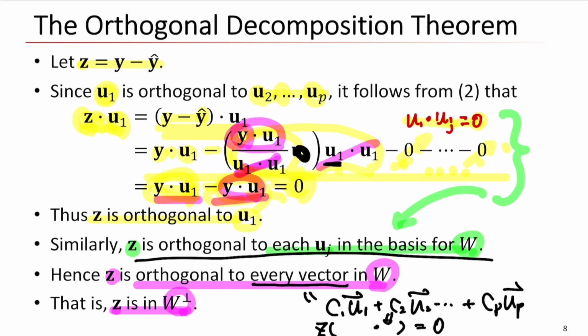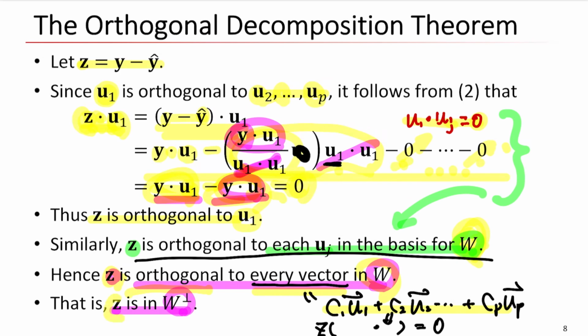So we can say that z is orthogonal to u1. Similarly, z is orthogonal to each uj in the basis for the subspace W, right? So we can say that z is orthogonal to every vector in W, because every vector in W can be represented by a linear combination of the orthogonal basis, right?